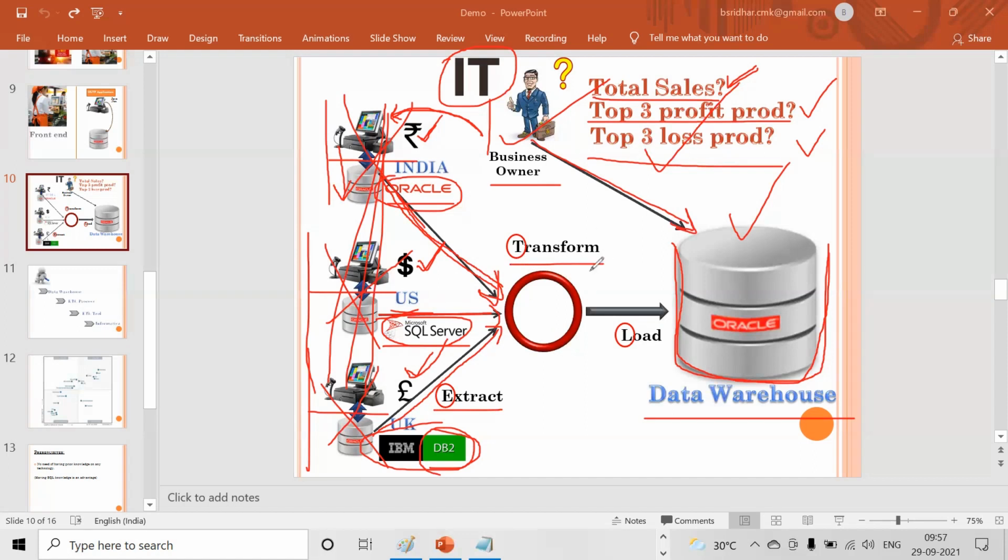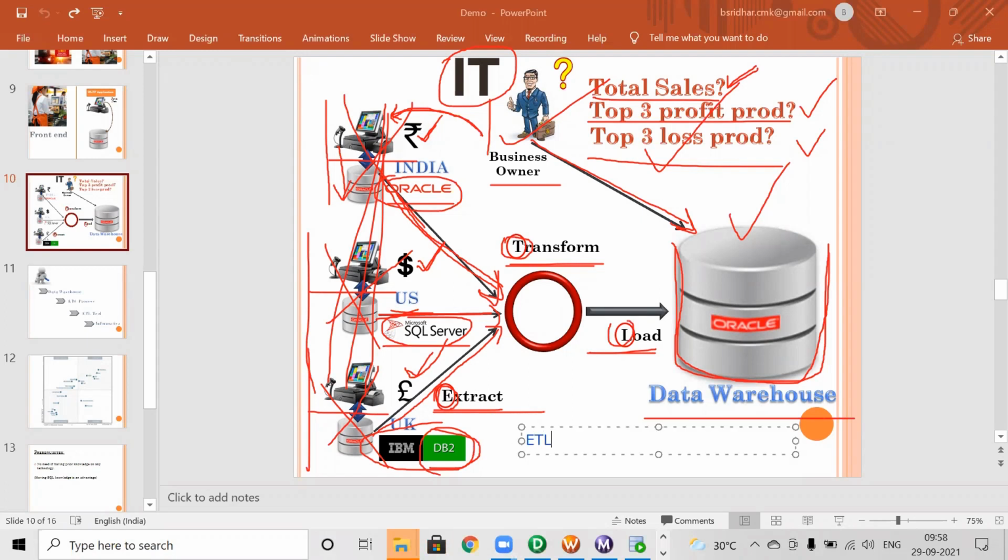And once the data is converted as per the business requirements, it will be loaded into the data warehouse. Loading in the sense we will keep the data into that new database, which is called the data warehouse. So the process involved in building a data warehouse is extract, transform, and load. If you see the first character from each of these: extract E, transform T, load L. So this is ETL.